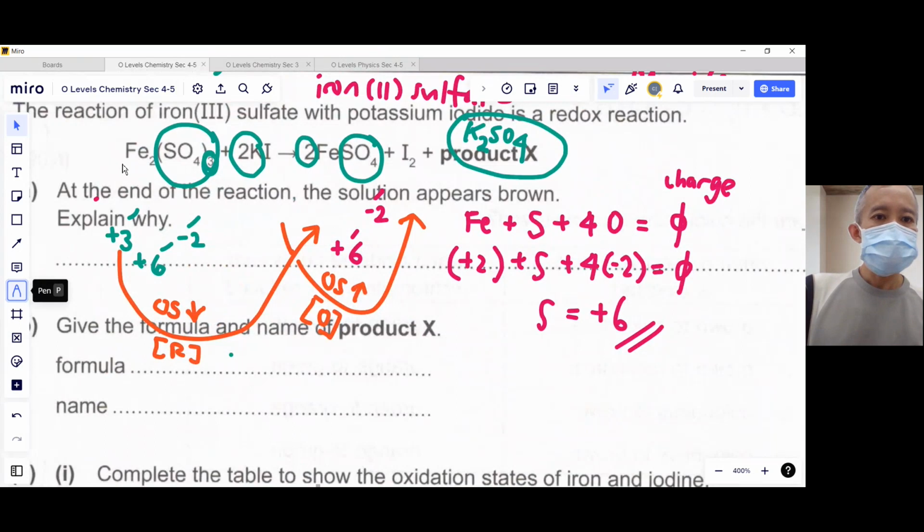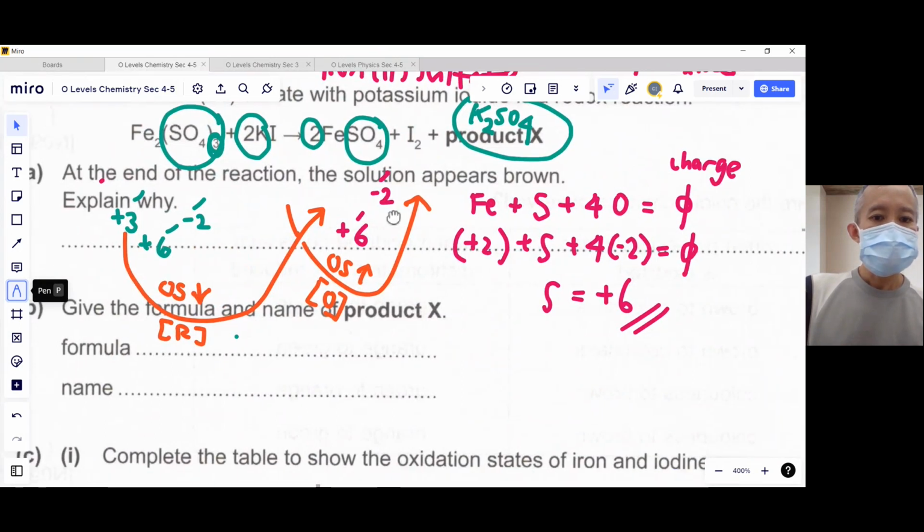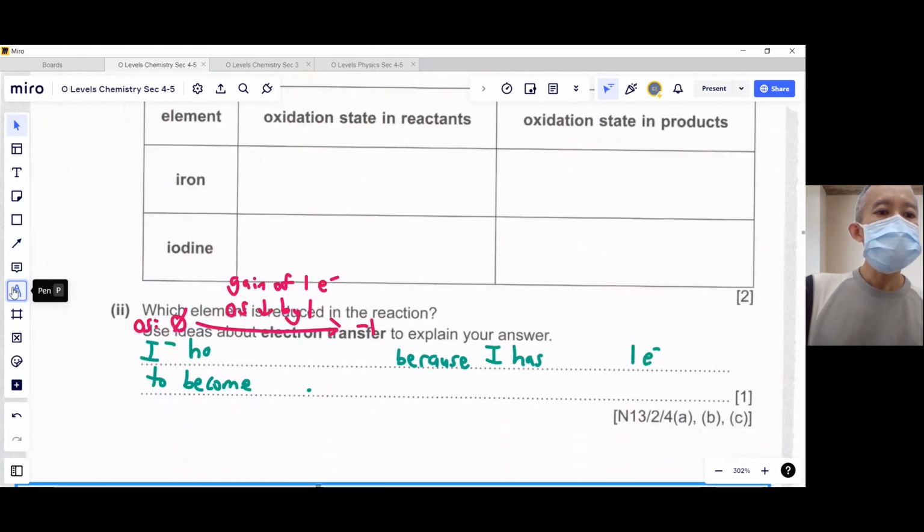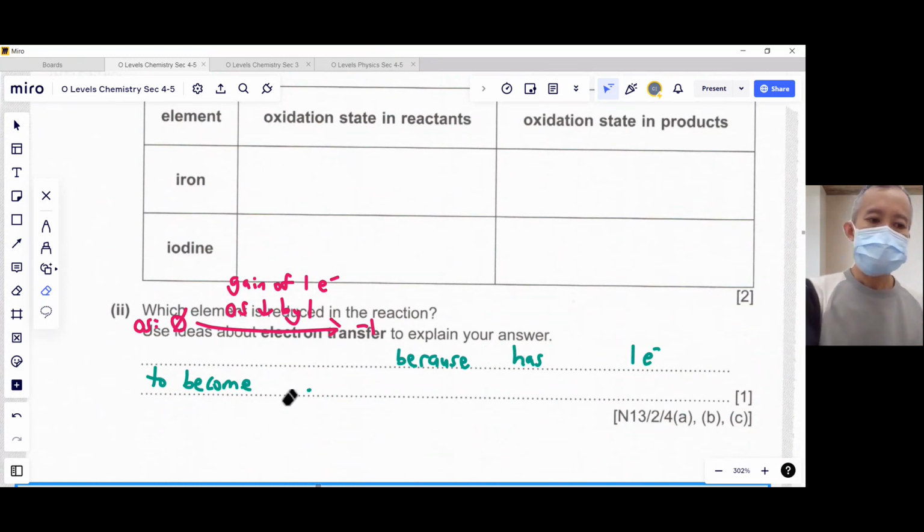So it's iron 3 plus to iron 2 plus. Okay, guys, I rephrase my answer.